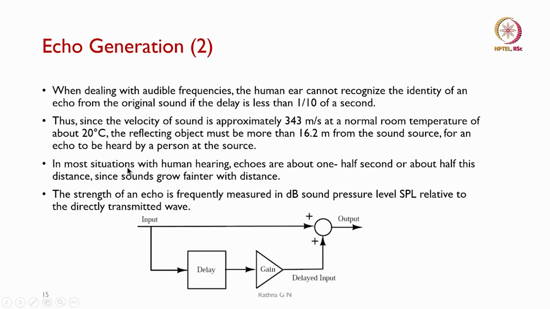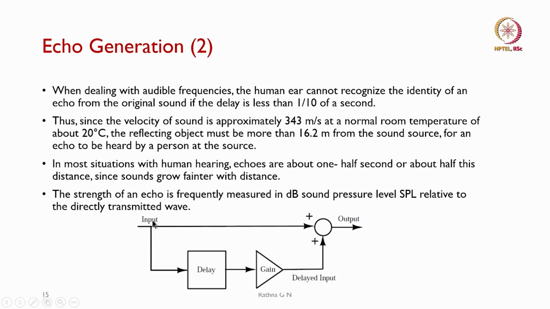So, in most situations with human hearing, echoes are about 1/2 second or about half this distance, since sounds grow fainter with distance. The strength of an echo is frequently measured in dB sound pressure level, SPL, relative to the directly transmitted wave. So, we will be generating this in the lab.